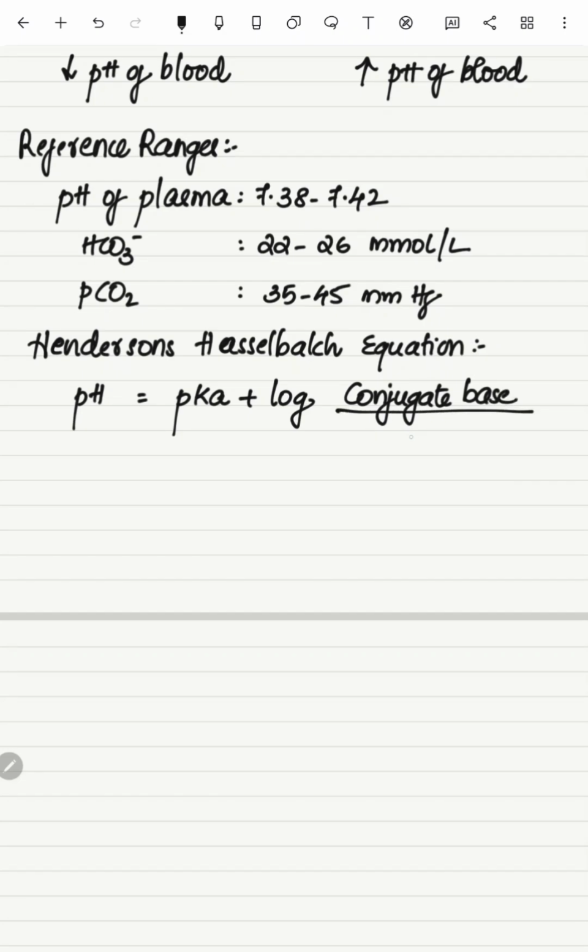So as I said earlier, if you know the three values, that is pH of plasma, HCO3 levels, PCO2 levels, and this equation, you will be able to interpret all the ABG reports.